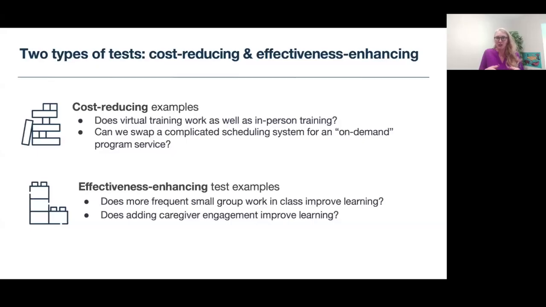So again, you're still looking at the cost effectiveness piece, but for these, we're really thinking about program enhancement. So for example, if we're trying out a new curriculum, if we're trying out more small group work, we might try out a caregiver engagement component to see if these things can enhance impact.